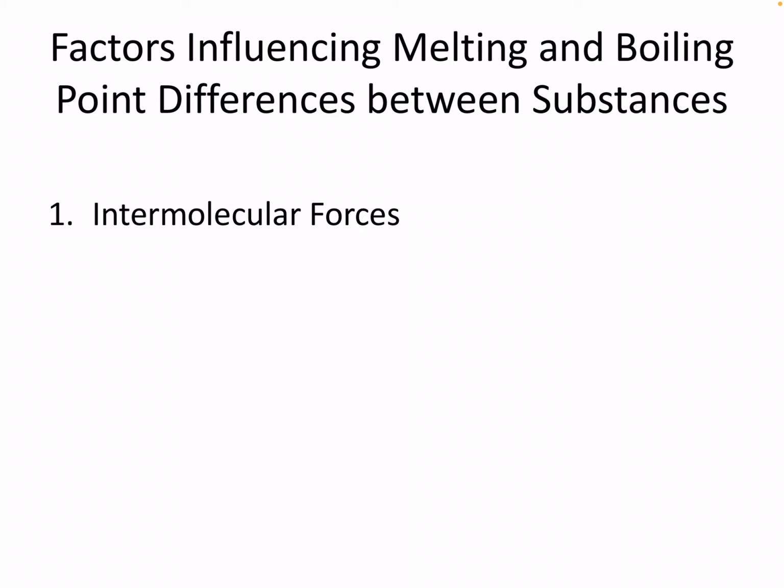One of the main reasons for this is intermolecular forces. Before you continue on with the video, I want you to think: do you think something with strong IMFs or weak IMFs will have higher melting or boiling points? Just think about that question and see if you can come up with an answer.